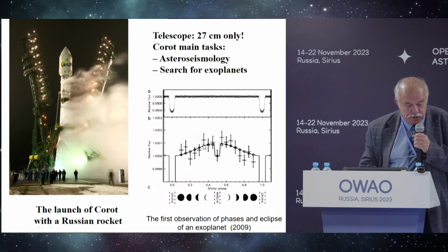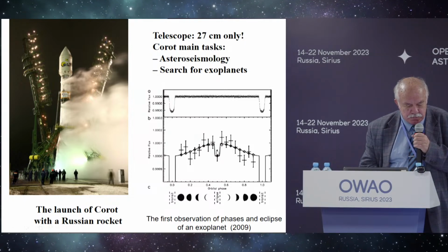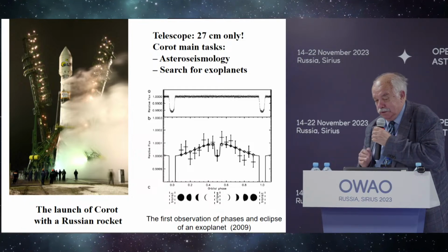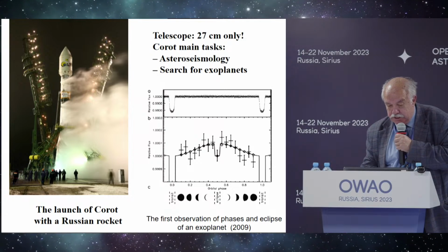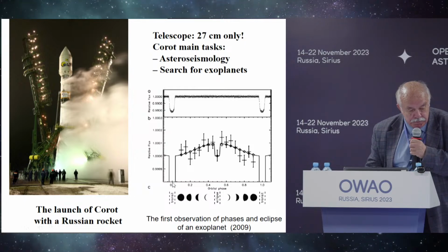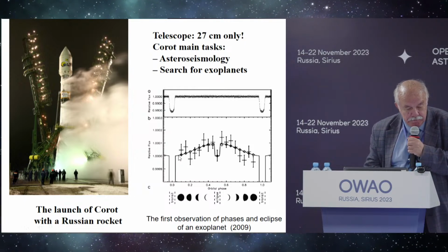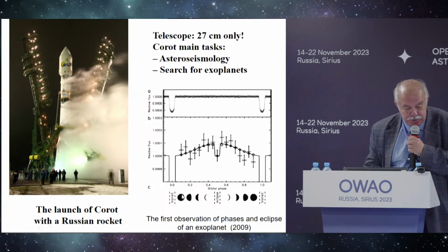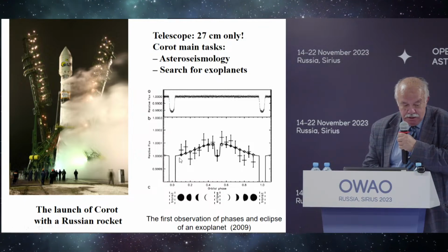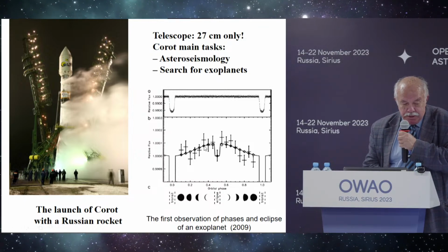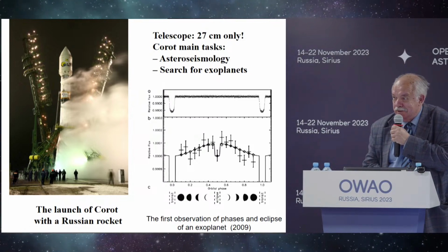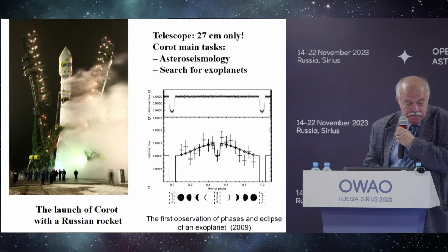But here we see a brightening and a very small fading, about 0.0001. What is it? You see here, after the main eclipse, the planet appears from behind the star. It is dark. And then, by the time it disappears behind the star, it is illuminated.